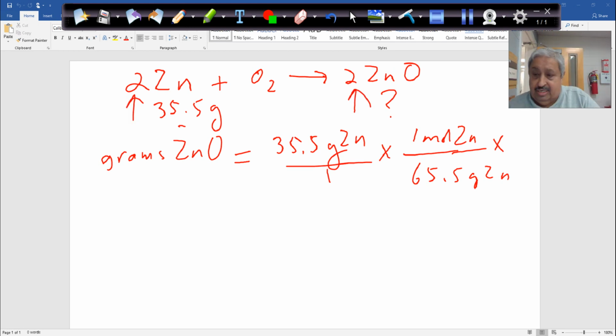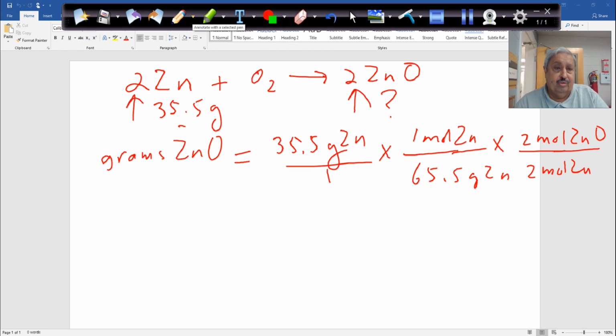So here, I have 2 moles of zinc to 2 moles of zinc oxide, correct? Now, before we get to the last step, let's look at this. Very nicely, the units are cancelling themselves out: grams of zinc with grams of zinc, moles of zinc with moles of zinc. Then we need the molar mass of zinc oxide.